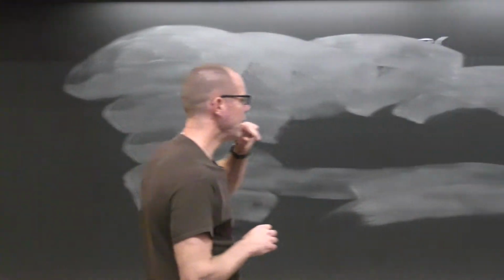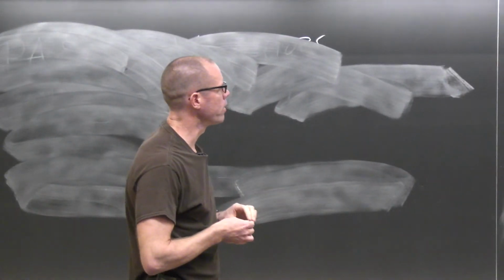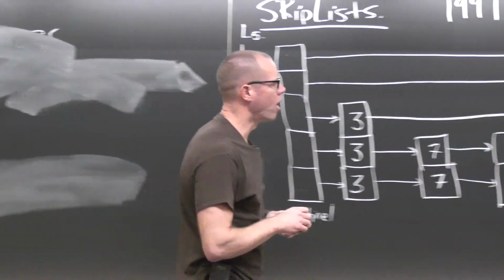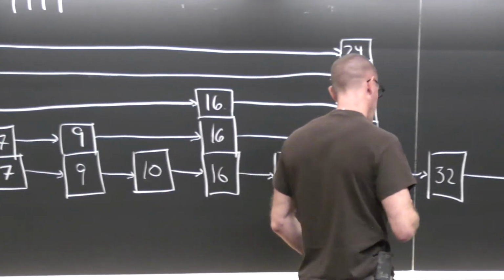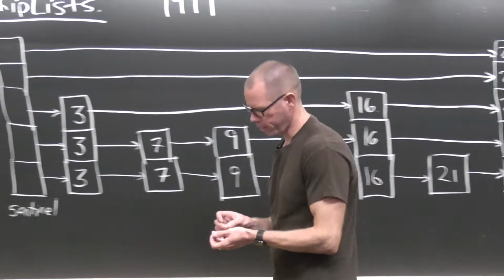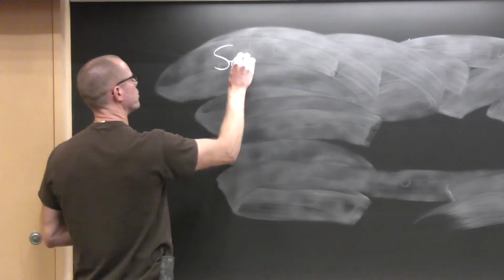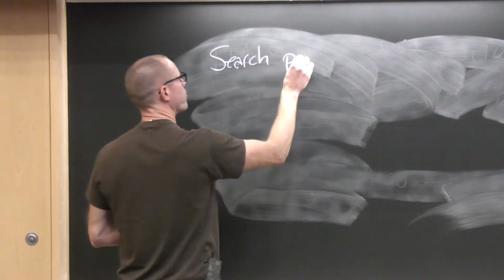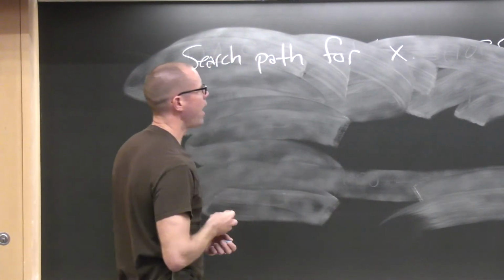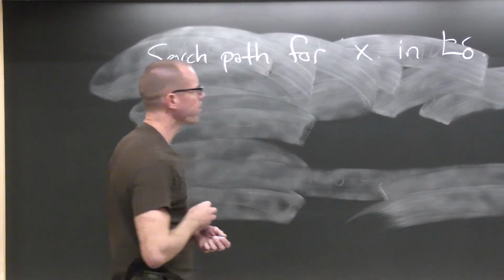Next, what can we do with a skip list? You can do a lot of things, but fundamental to all of them is what's called the search path for a value x, where x is in the list L0.